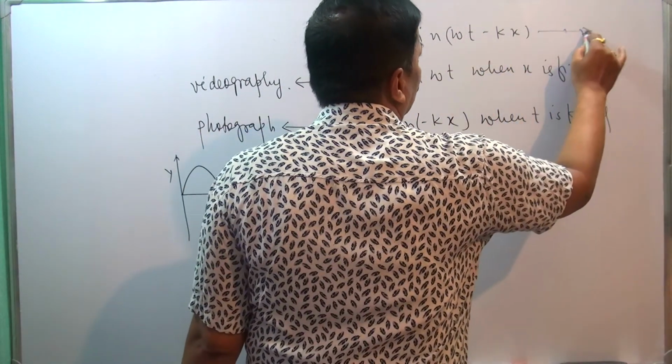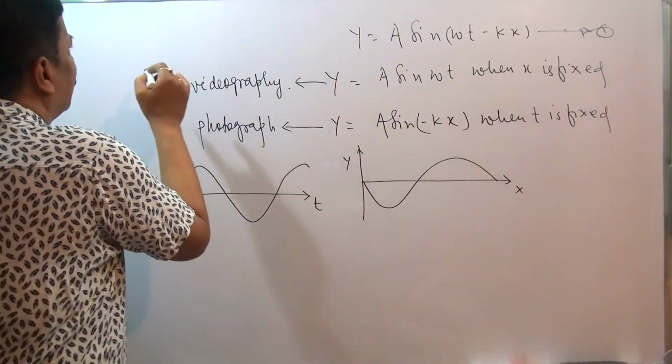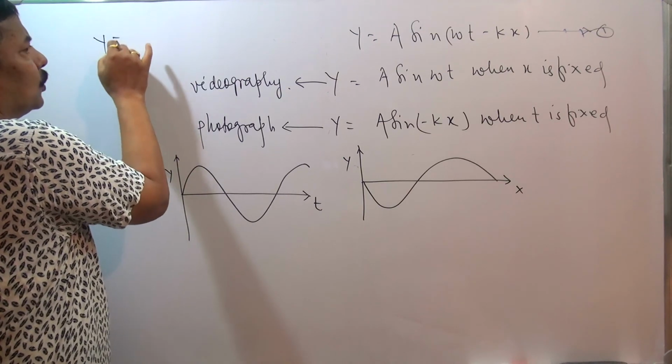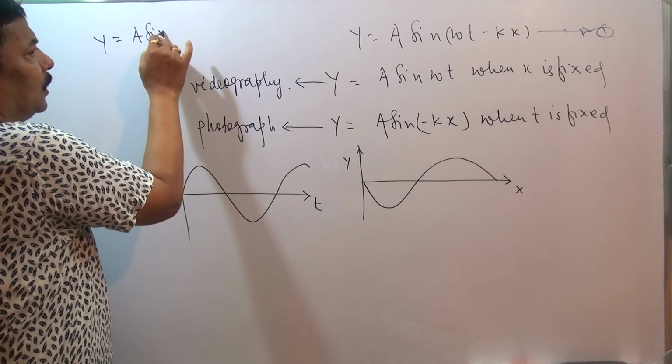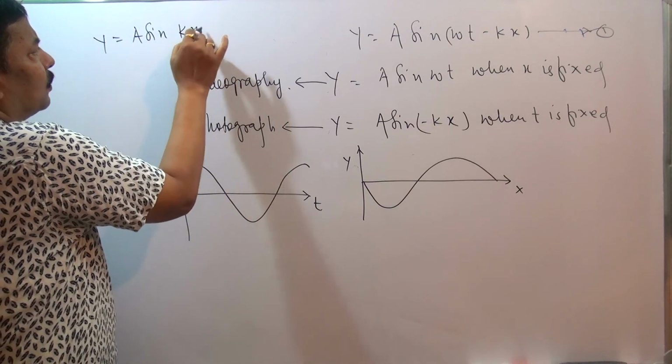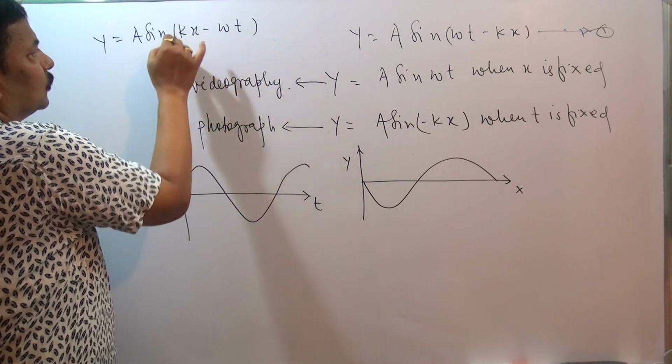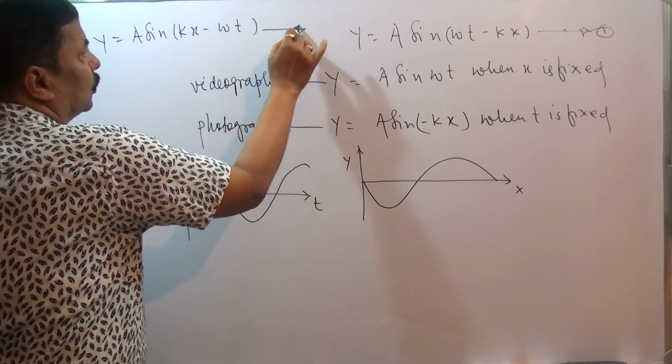This was your equation. Now here I am taking y is equal to a sin kx minus omega t. Take it as equation number 2.